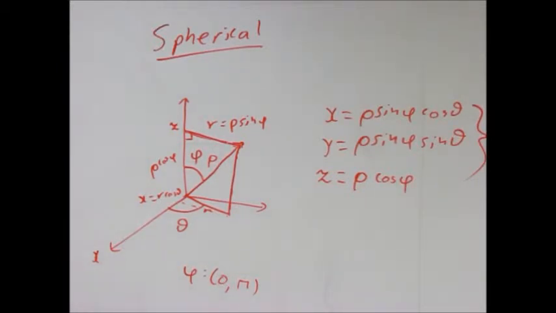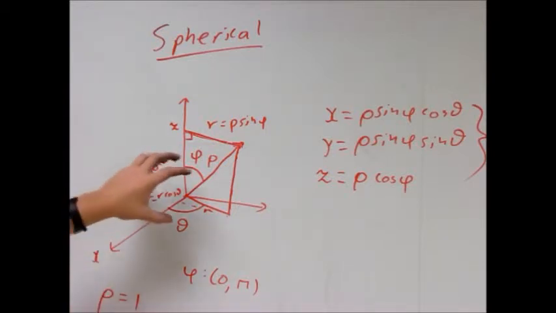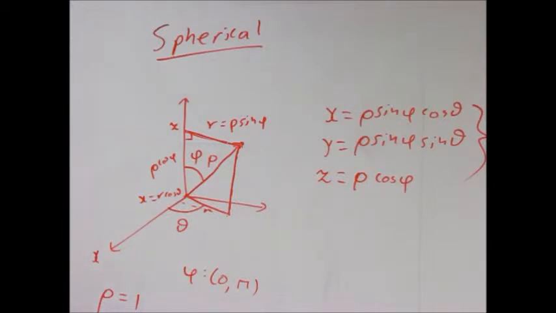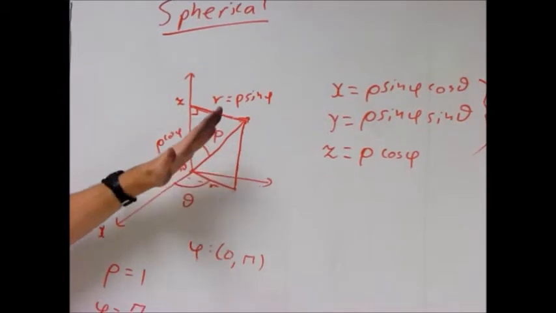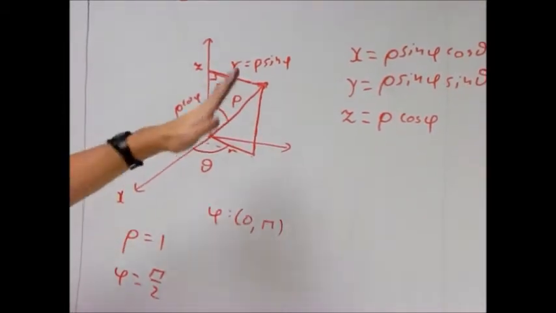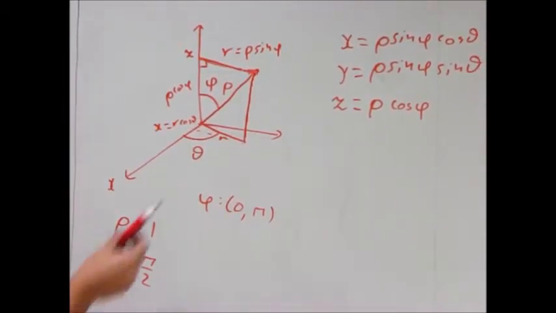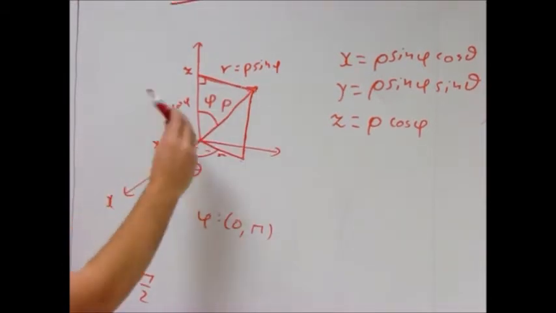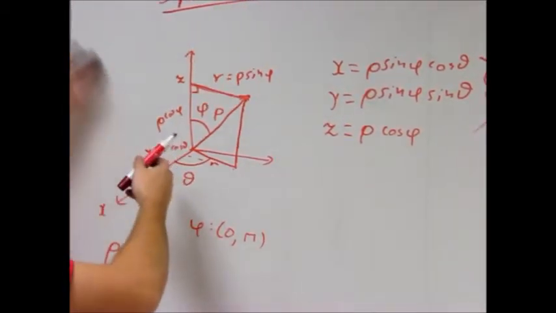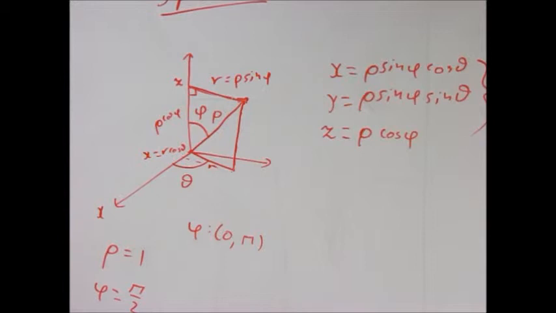And you can sort of imagine some other shapes that are easy to graph in this coordinate system. Like rho equals constant, rho equals 1, will just give you a sphere of radius 1. Fixing phi as a constant, say phi equals pi over 2, will give you a cone, because this will be at pi over 2 and we rotate all the way around and at all radius lengths.